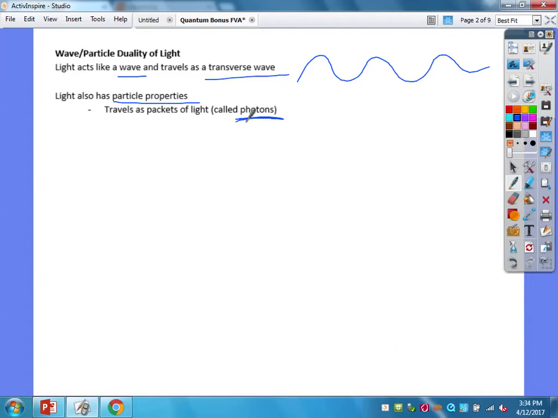A photon. What we basically came up with is the idea that, yes, light does move up and down, but in packets. There are individual packets of light approaching you, almost like little dots, with it turns out actual space in between them in a way.